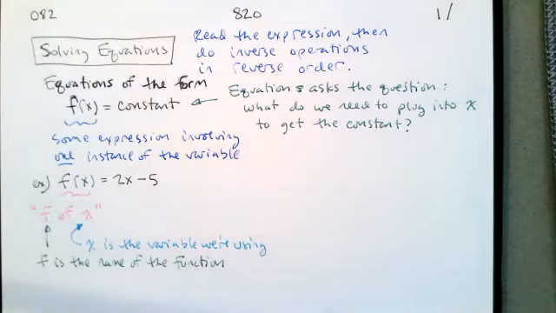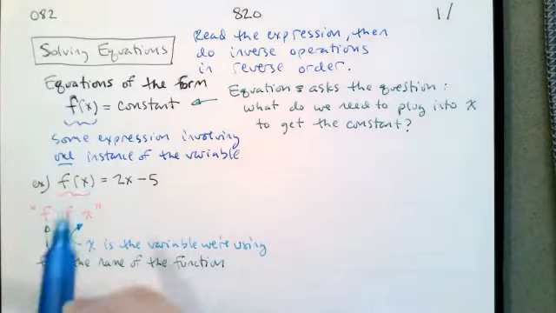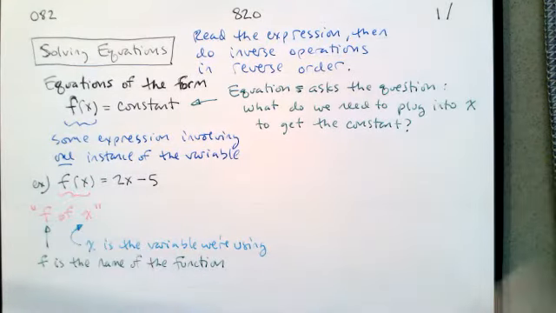The reason that we have this notation is it names the expression 2x minus 5 in this case, and it also includes a space for the input. So f of x is 2x minus 5. Whatever's in the parentheses, that's what we replace the x with.